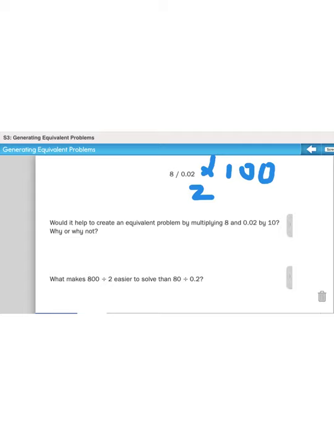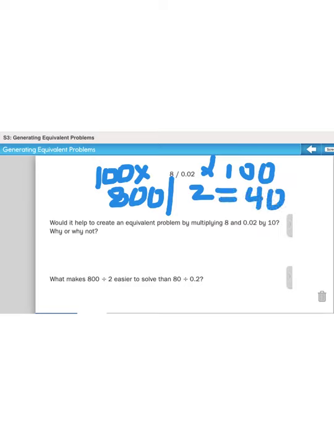We're going to multiply the dividend 8 by 100 also, because we have to do that to the dividend as well, to get 800. So now we have 800 divided by 2, which equals 400.